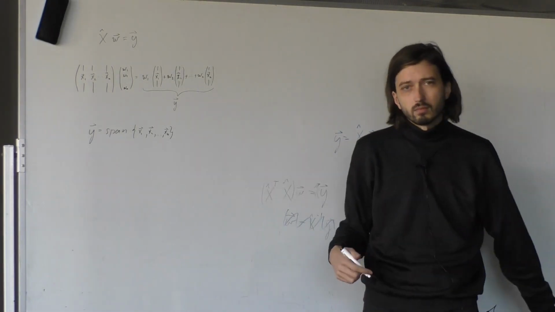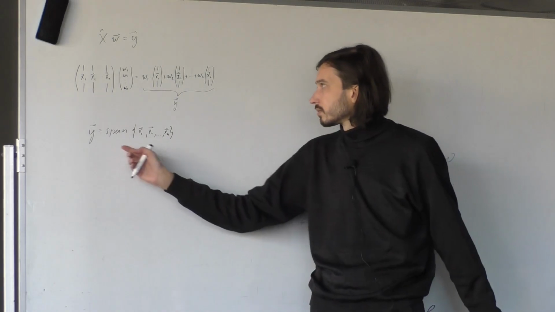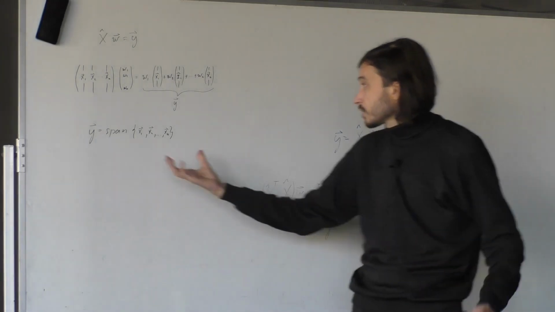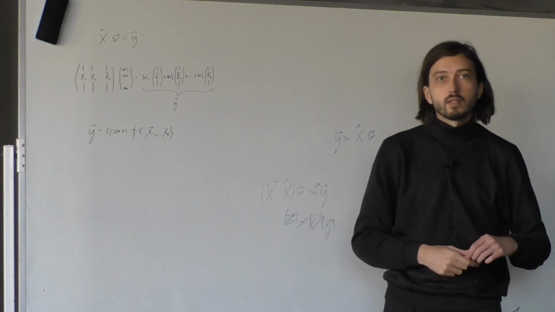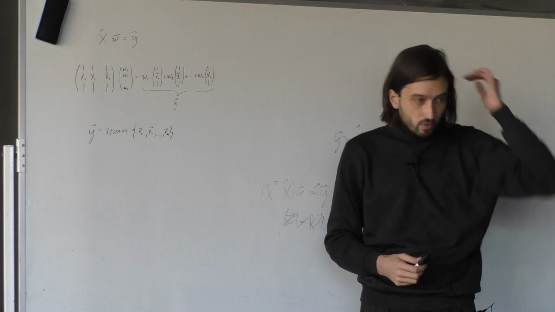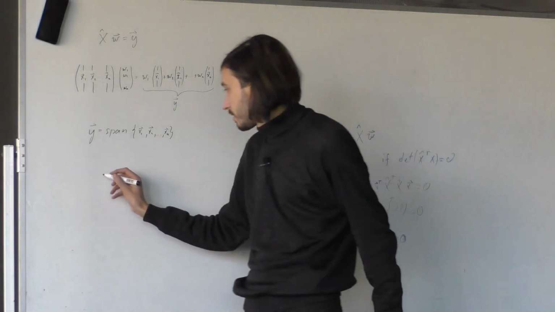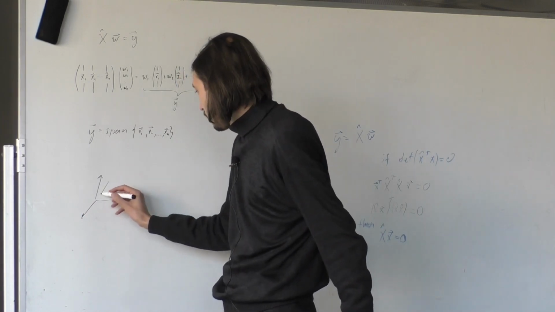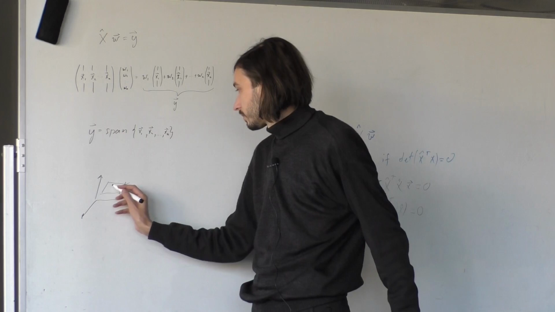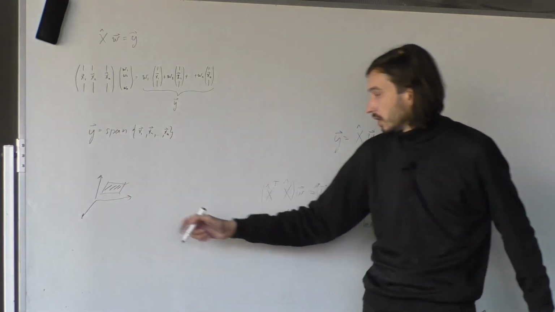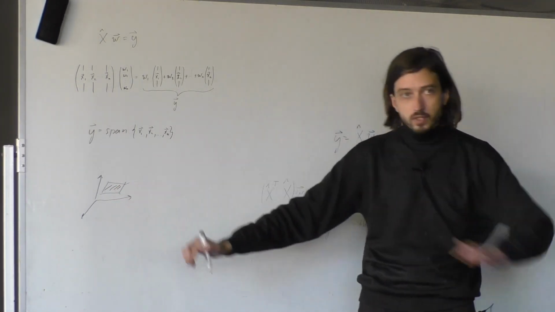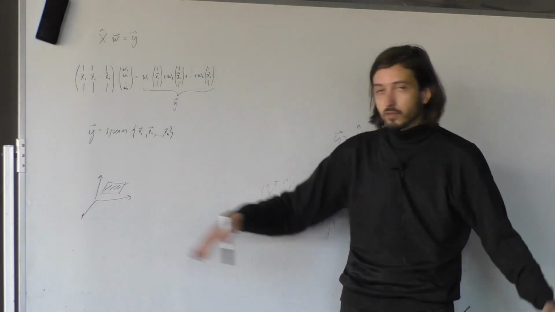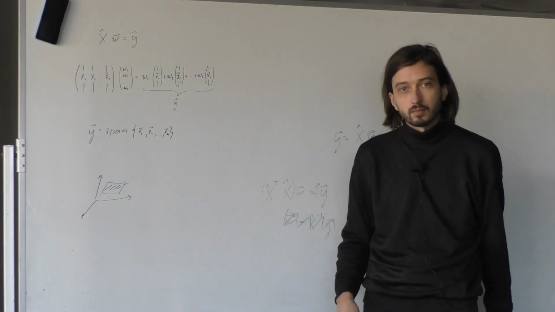Dimension of x, the number of features. Dimension of this span, I mean, how do I put that? Well, if we have a three-dimensional space, and suppose I'm considering a plane in here. If I'm describing all vectors in this plane, I'm using three numbers, but this space itself is two-dimensional.